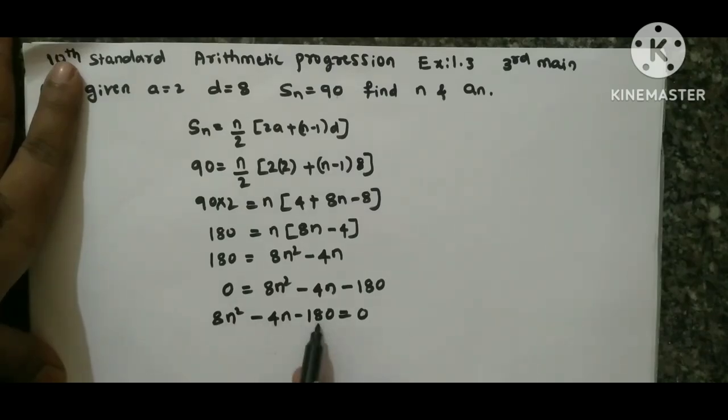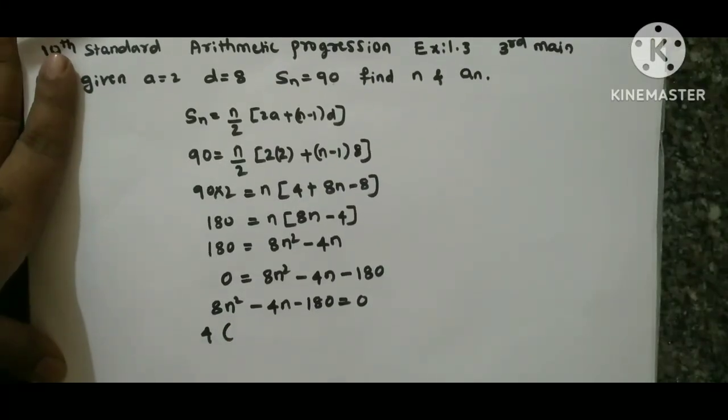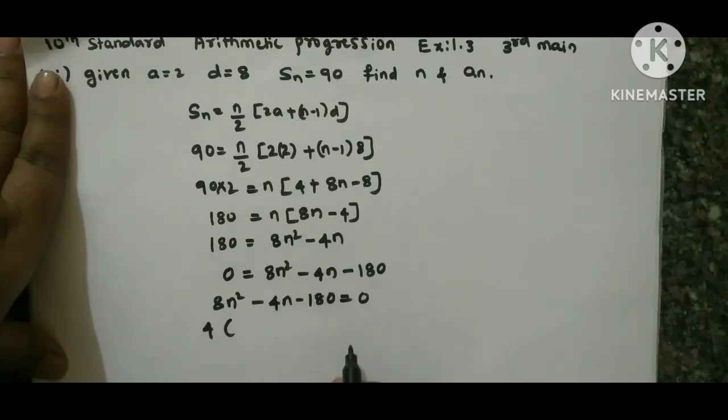Now from all these three terms, 8n square, 4n and 180, we can take 4 common. If I take 4 common, it means we are dividing throughout the equation by 4. What is the meaning of taking common? We are dividing throughout the equation by 4. We can do that. So if I divide 8 by 4 we'll get 2n square.